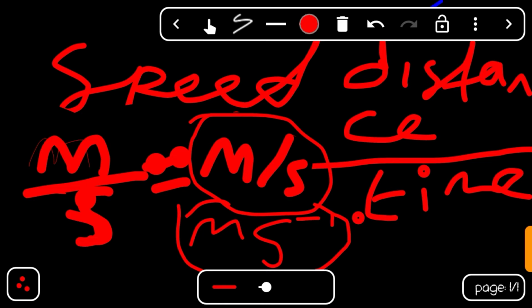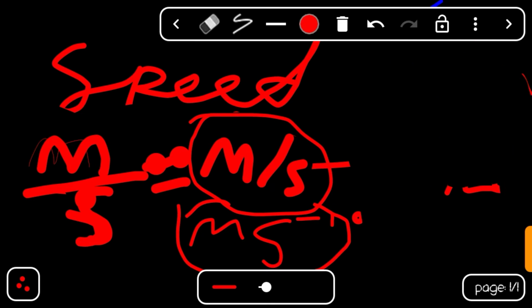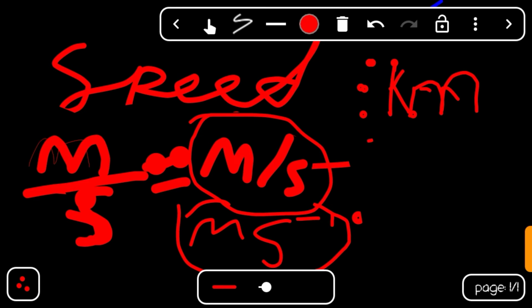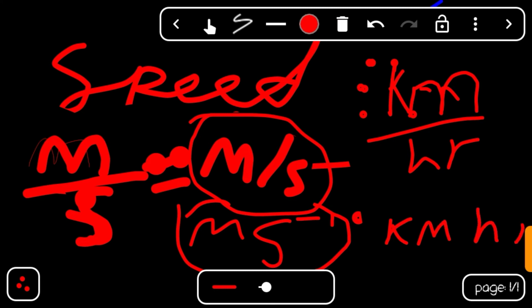This is the standard SI unit, but other units of speed would come in form of kilometer per hour. Let me write that, because distance can also be measured in kilometers, and time can also be measured in hours. So km per hour, or km hr inverse, anyone you wish to take.